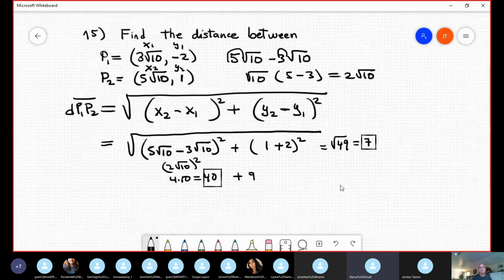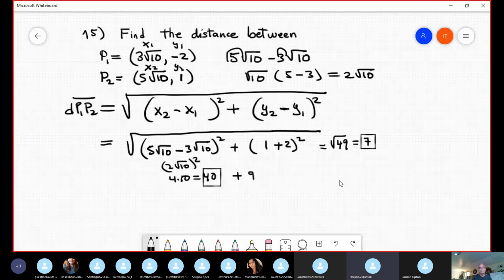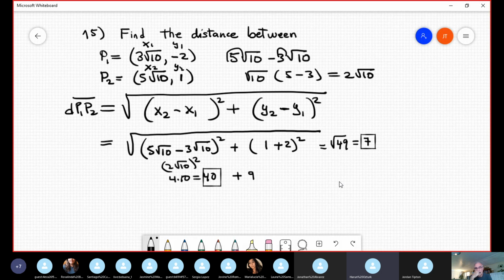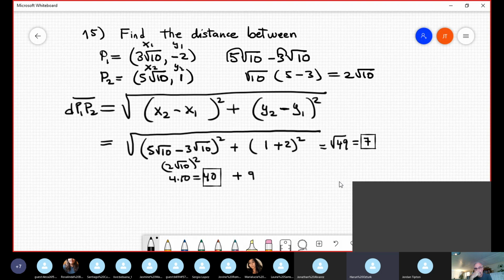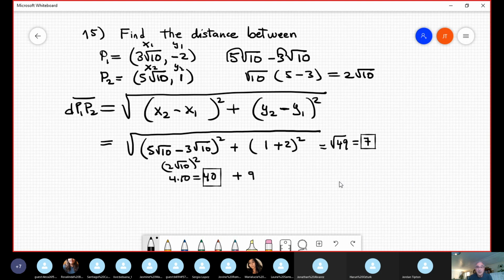Sir, question, please. The y1 should be plus 2? No, it's minus 2. Look. Let me try to do that part. Parenthesis.